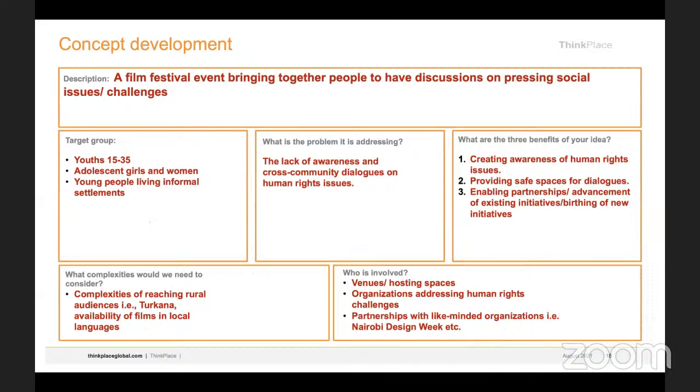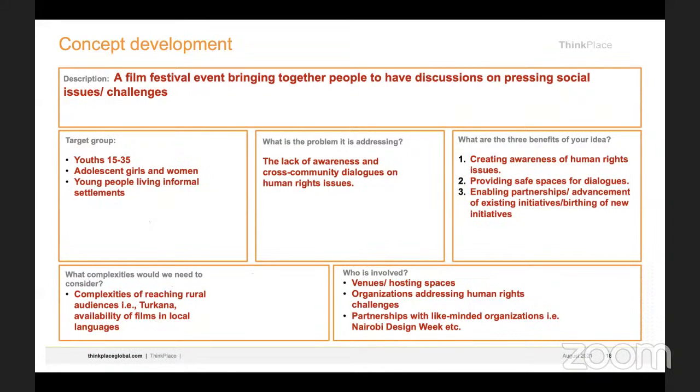I'm assuming you'll target young people, maybe 15 to 35 as well. You will target professionals working in corporates, for example, because you need them to be mentors. What are you addressing? We talked about the lack of opportunities and awareness of the opportunities that are there in terms of entrepreneurship.